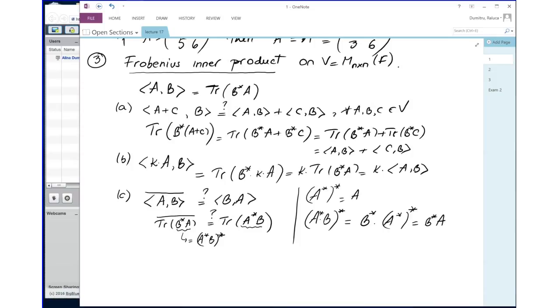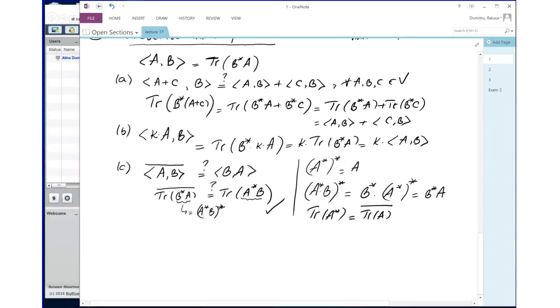So when you take the trace of the adjoint, you're going to get what? The complex conjugate of the trace of the matrix. So trace of A star is the conjugate of trace of A, which is a number, right? And then I'm going to take complex conjugate of this. But isn't this exactly what I have here? Trace of A star B is the trace of A star B conjugate, everything adjoint, everything conjugate. So, yes.